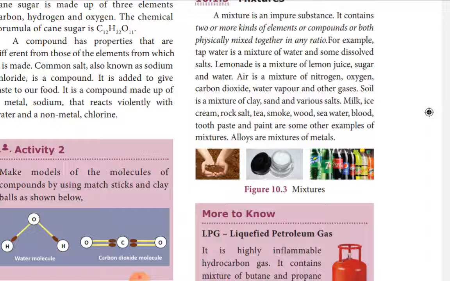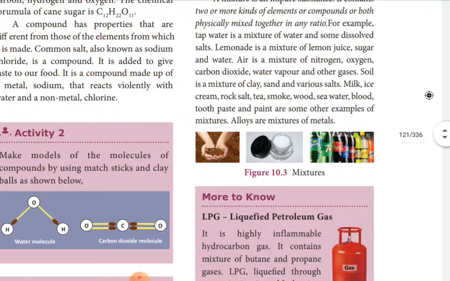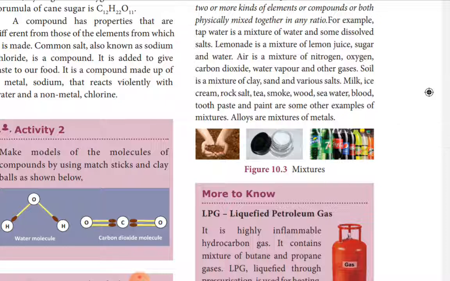Next, see soil, which is a mixture of clay, sand, and some dissolved salts. Milk contains cream, fatty substance, sugar. Ice cream also contains fat, rock salt, sodium, potassium chloride. Smoke is a mixture of solid and gas. Wood is cellulose with some other elements. Sea water has sodium, potassium chloride.